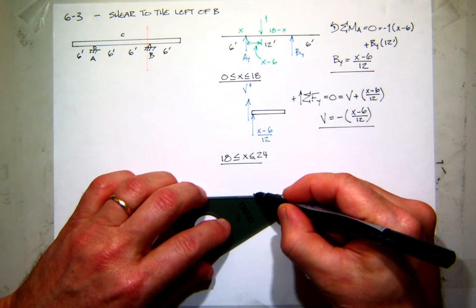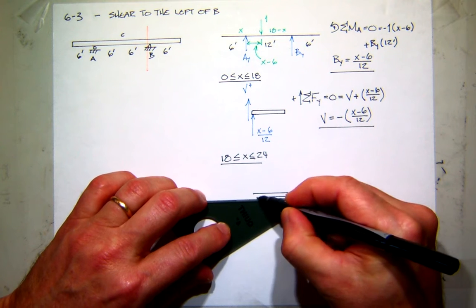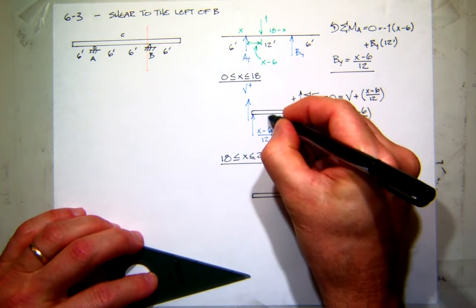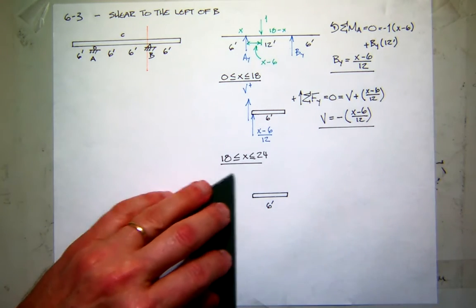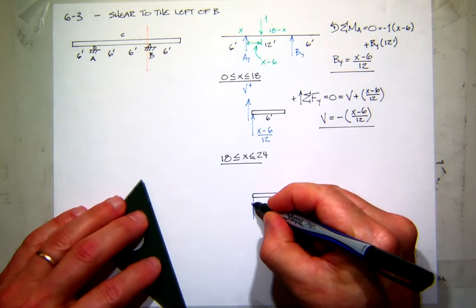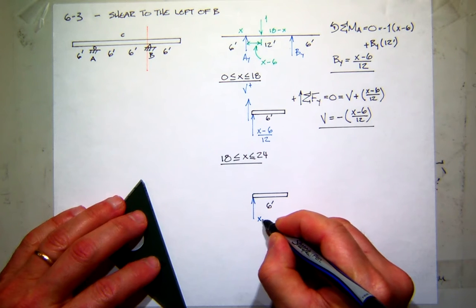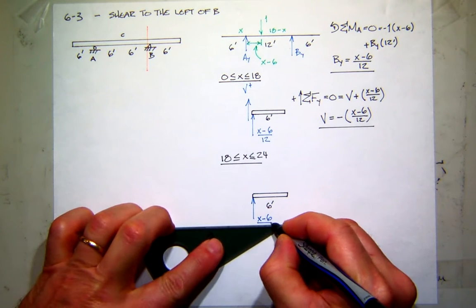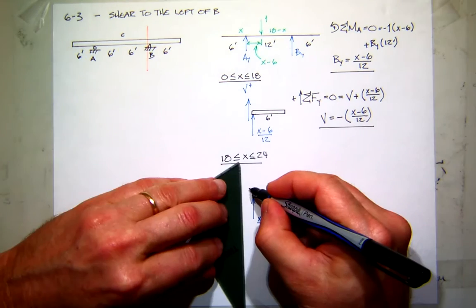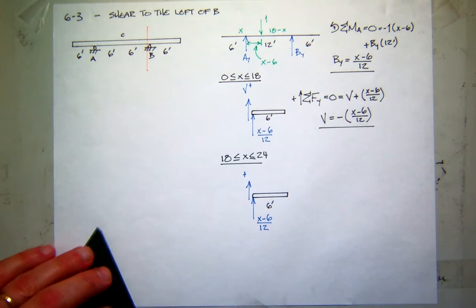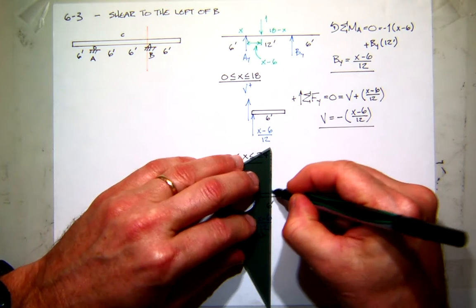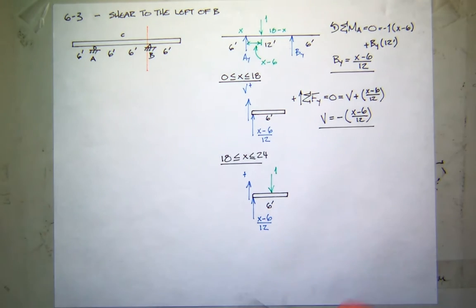Well, we kind of have the same free body diagram. Oh, by the way, I forgot, this was 6 feet. It's still going to be 6 feet. So I still have my BY reaction, x minus 6 over 12. I still have my shear just to the left of B. But now, Mr. Santana is here.